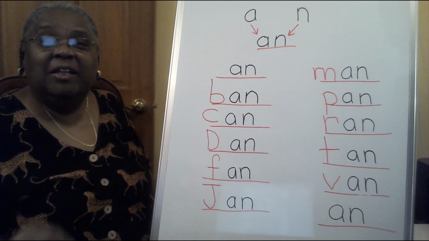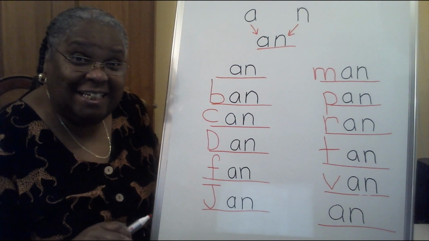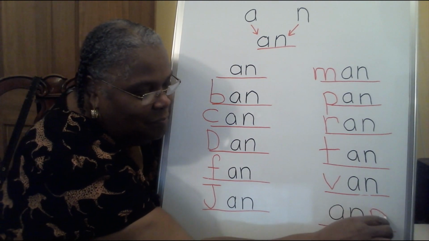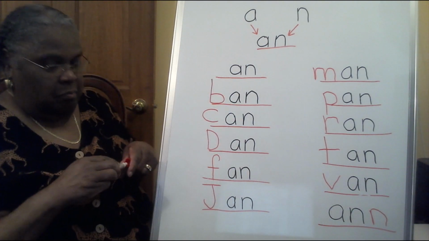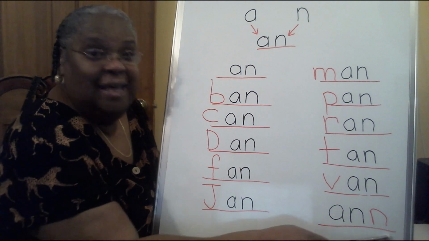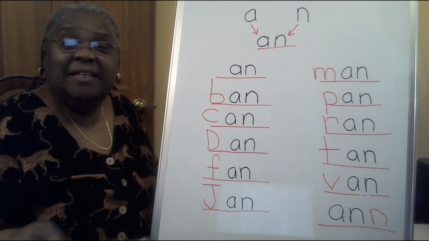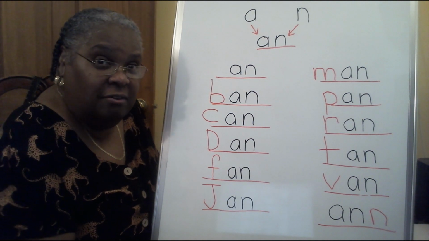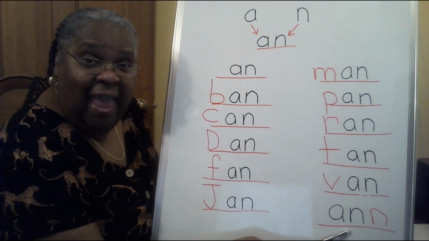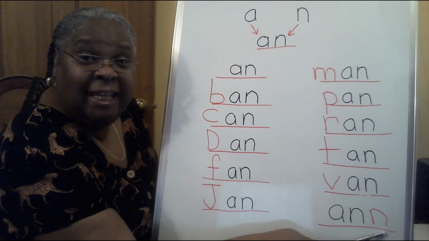When we put the letter N at the end of the word "an," we form the new word and. Let us sound out the word together. Say the sound of the word an. Now say the N sound.